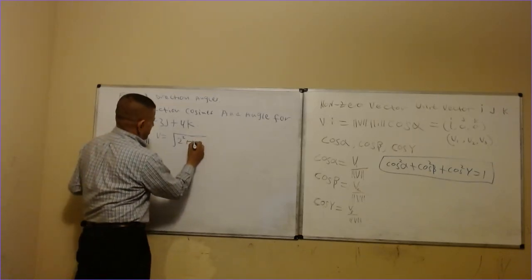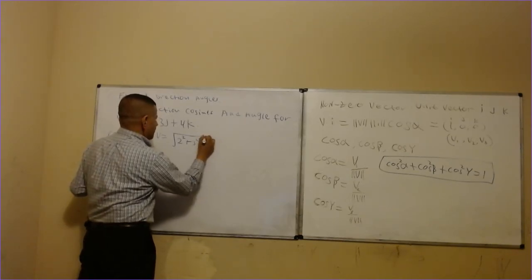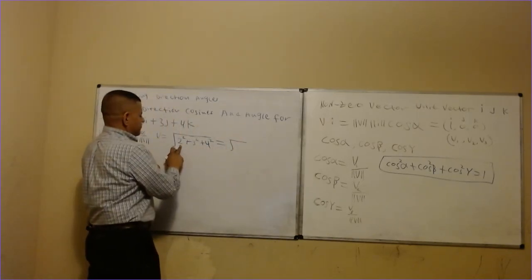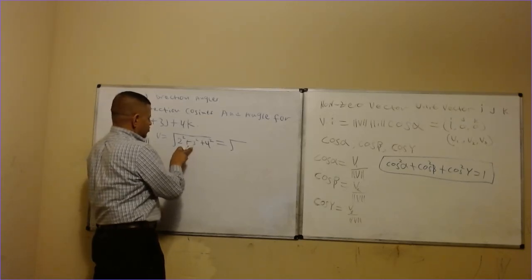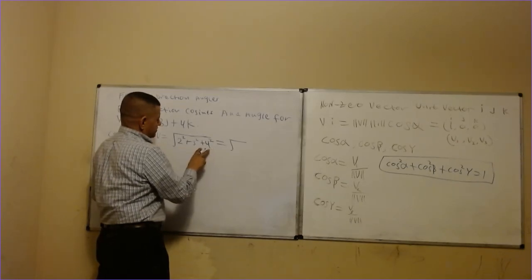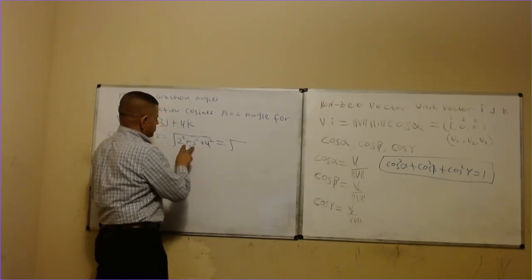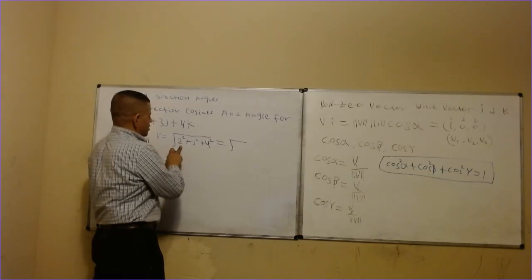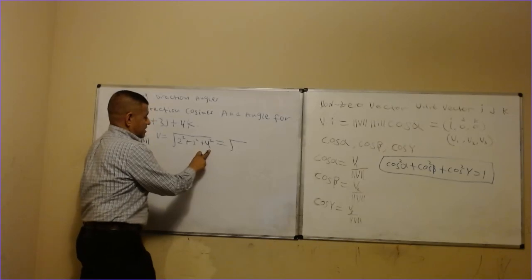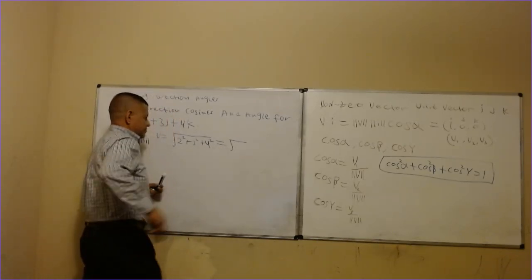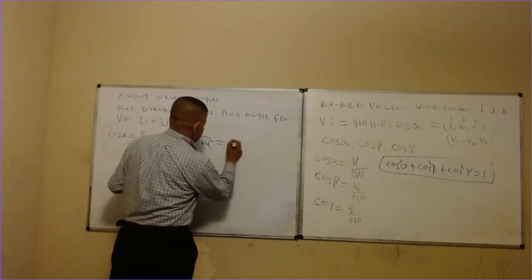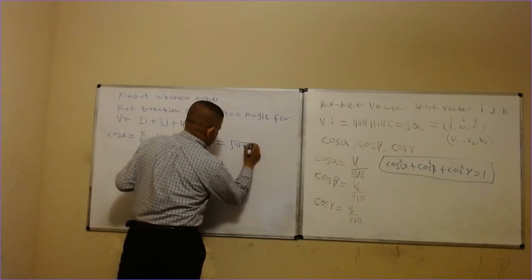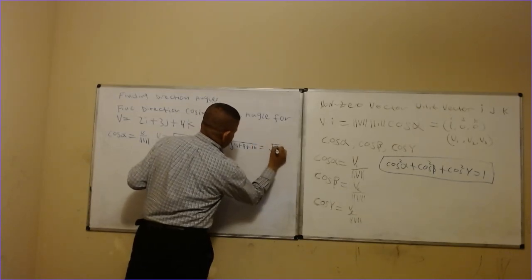That's 2 squared, 3 squared, 4 squared. 3 squared is 9, and then we have 4, so that is 13, plus 16, which is equal to the square root of 29, right?